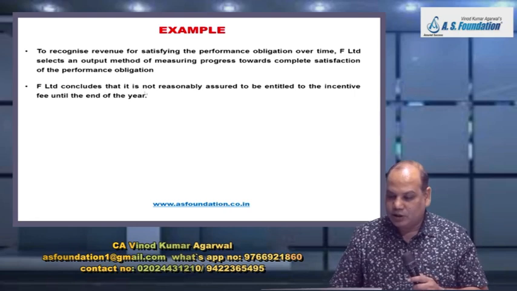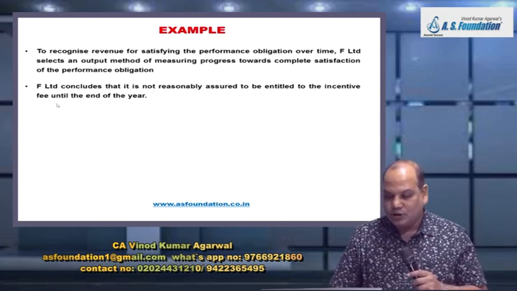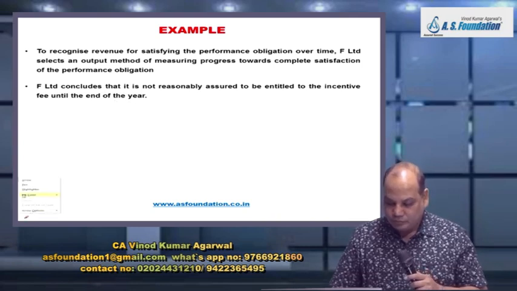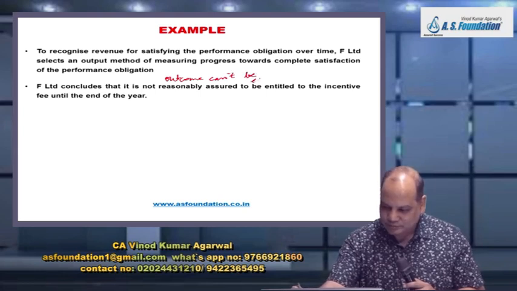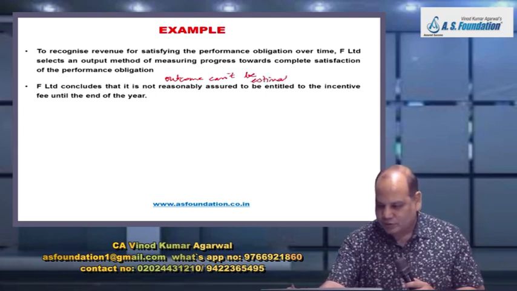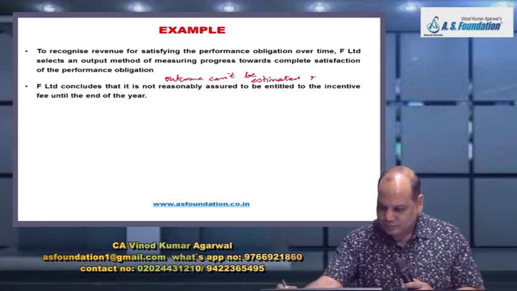Now, F Limited concludes that it is not reasonably assured to be entitled to the incentive fee until the end of the year. So, this means the outcome can't be estimated reliably.